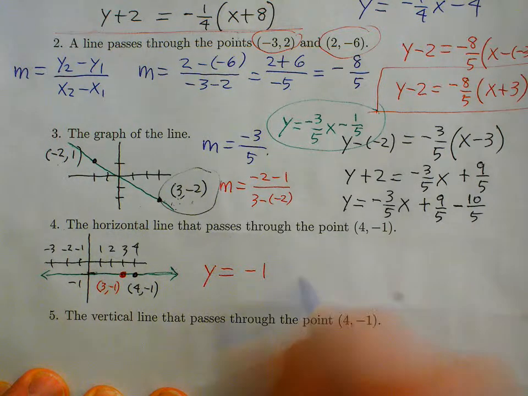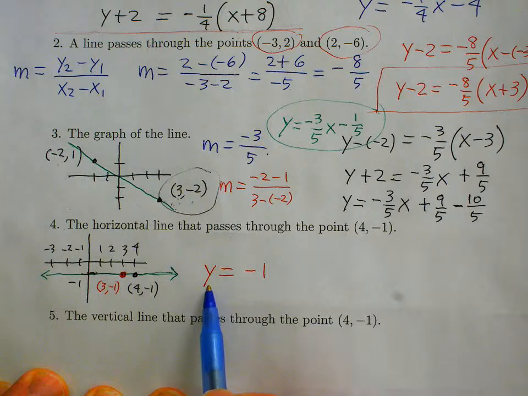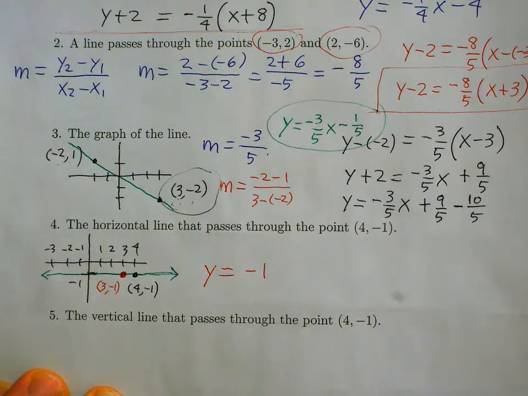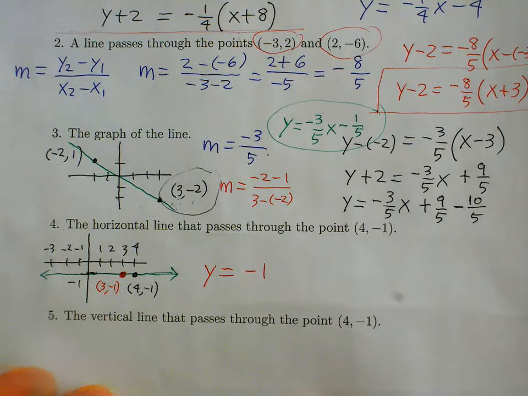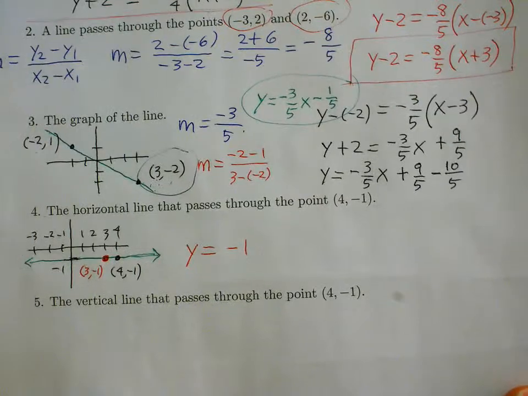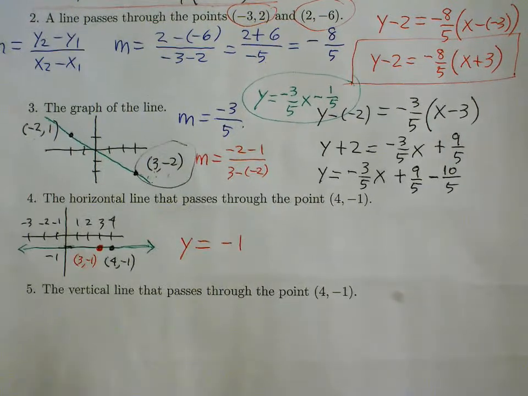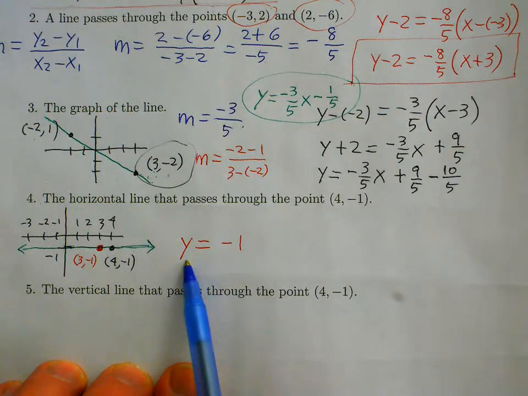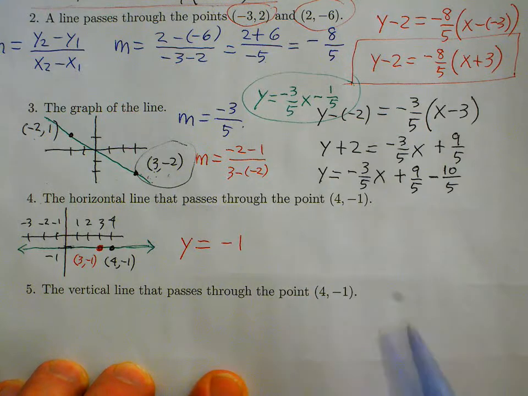So I'll label what we did. If you don't know the context, when you see y equals -1, you're not sure if it's referring to just one y value or is it referring to a line? So in this context, this is the line y equals -1.